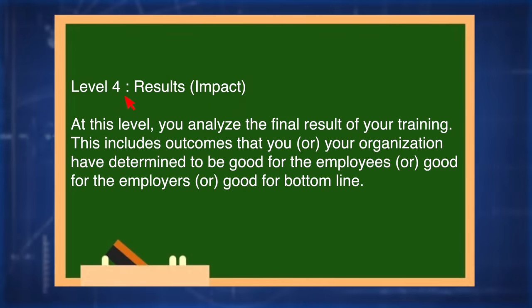Then the last level is the impact level, or we can say it is the result level. At this level, the trainer can analyze the final result of the training. This includes outcomes that your organization has determined to be good for the employees, good for the employers or good for the bottom line.